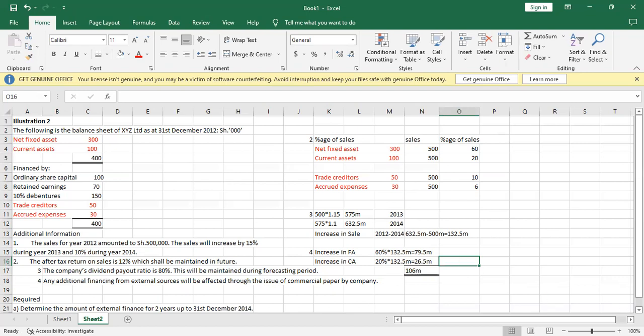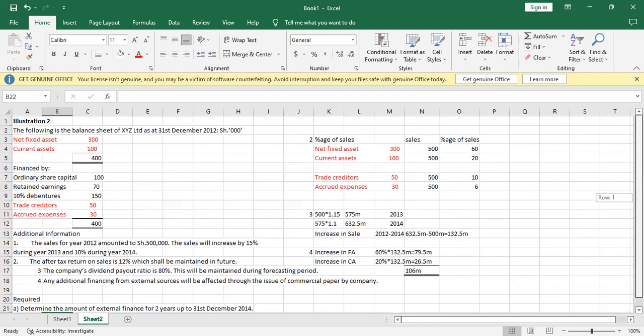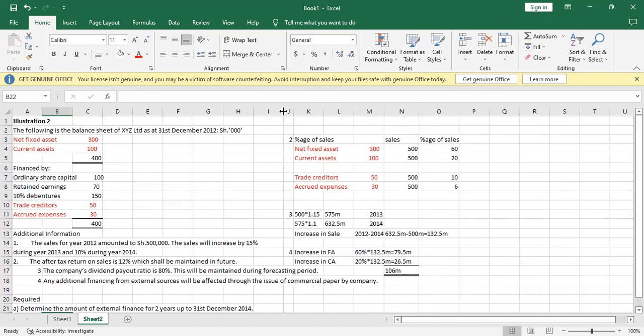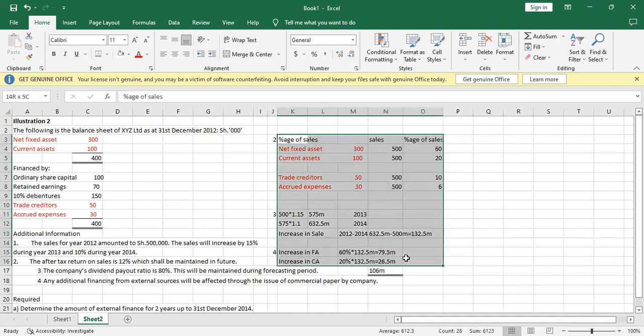There is a second question, and the second question is asking, prepare a pro forma balance sheet as at 31st December. So you can prepare the pro forma balance sheet, and make use of this space again. So this is the working.